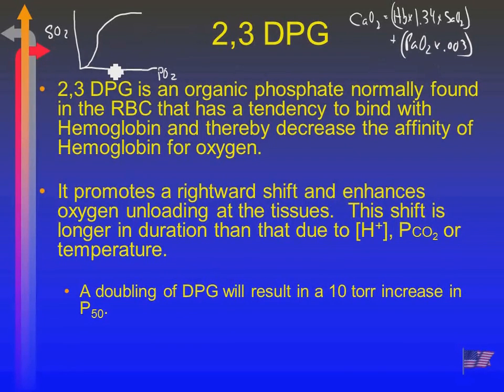There's a couple of points that we want to remember. If we look at a PaO2 of about 100, we have a saturation of about 97. That's our normal arterial saturation. If I look at a PaO2 of 40, it's a saturation of about 75%.